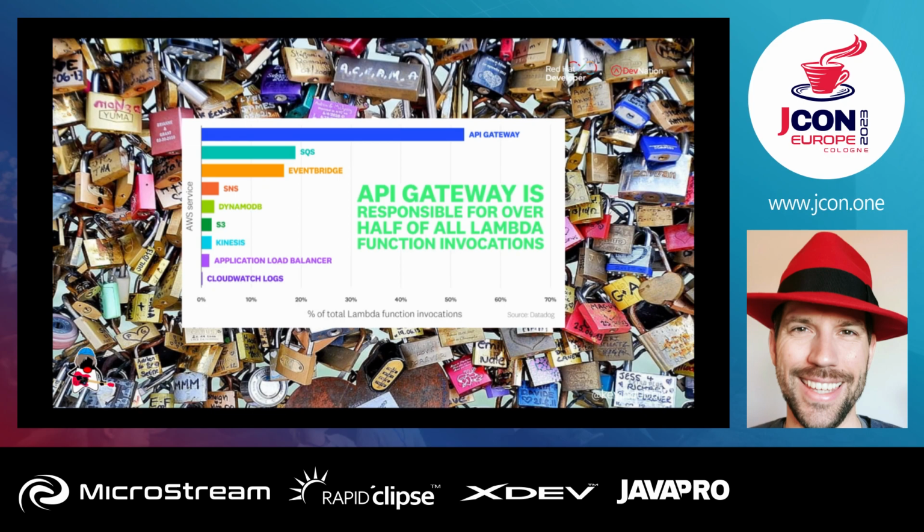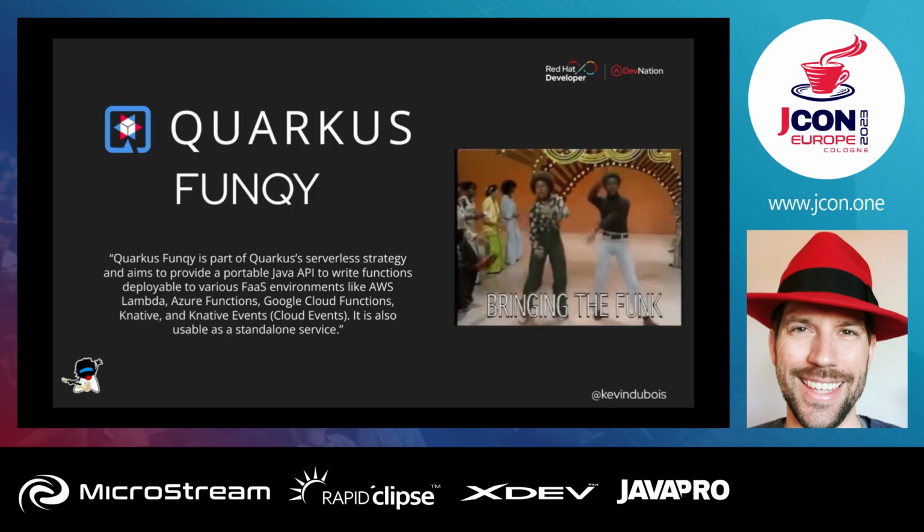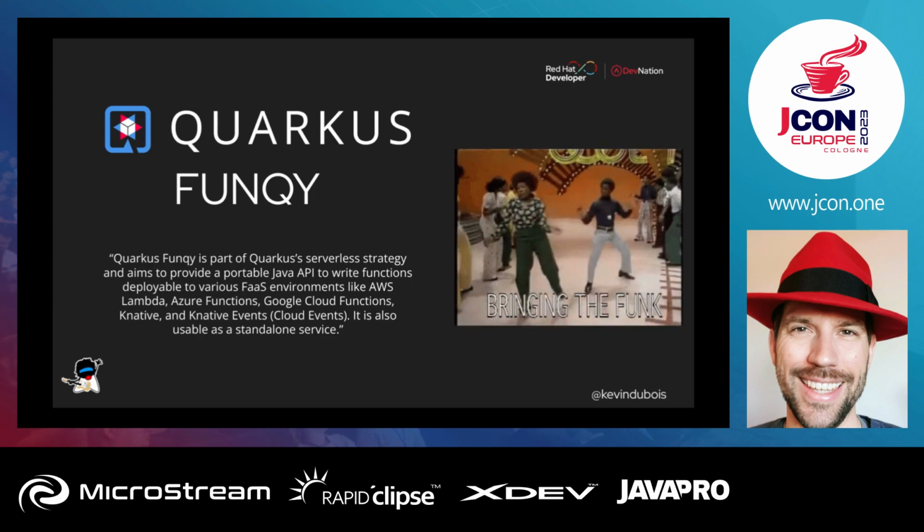Maybe you need an S3 bucket, or some sort of gateway, or a database, and they're like, cool, come here, we've got services for all that. So why not write cloud agnostic functions, where we're not locked into one specific provider? And that's where Quarkus is really cool.